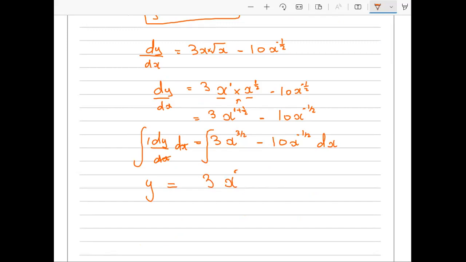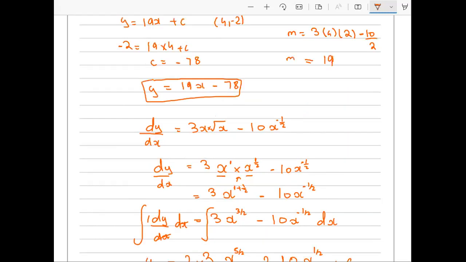I need to divide by the same power, so I can multiply it by 2 by 5. Then I have minus 10 x to the power minus 1 by 2, plus 1 is 1 by 2, so I can multiply it by 2, plus c because I am integrating it. So finally I will get y equals 6 by 5 x to the power 5 by 2 minus 20 x to the power 1 by 2 plus c.